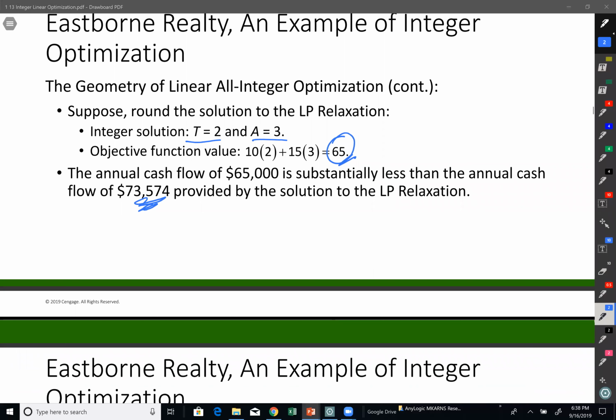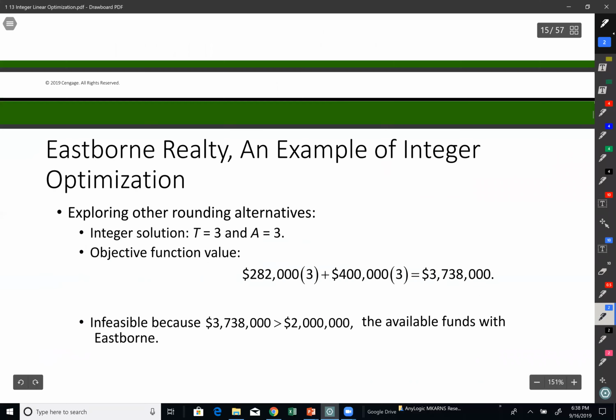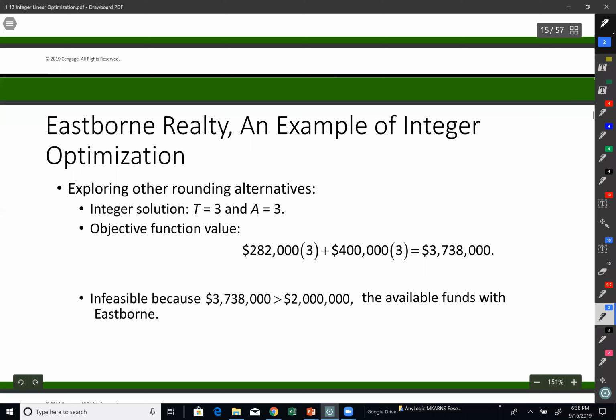All right, so let's take a look at the next page. So what's the cost of this model? I think this slide is wrong, because if I multiply 282 times 3, I have $846,000 plus $1.2 million. If I add it up, this number is wrong, it will give me around $2,046,000.